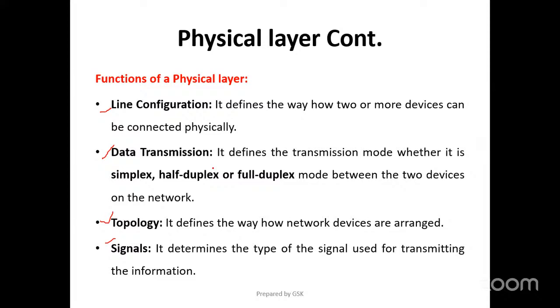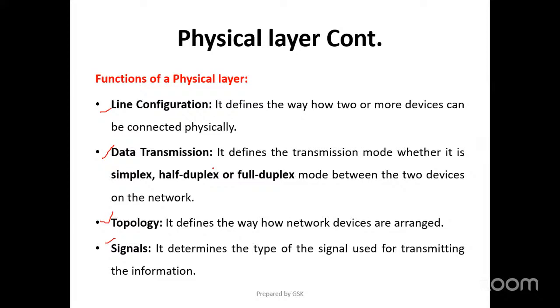The first one is line configuration. Very simple. Line configuration means how the devices are connected, how two or more devices are connected to the network, how those are connected physically. In our earlier session, we covered two types of configurations: point-to-point configuration and multi-point configuration.